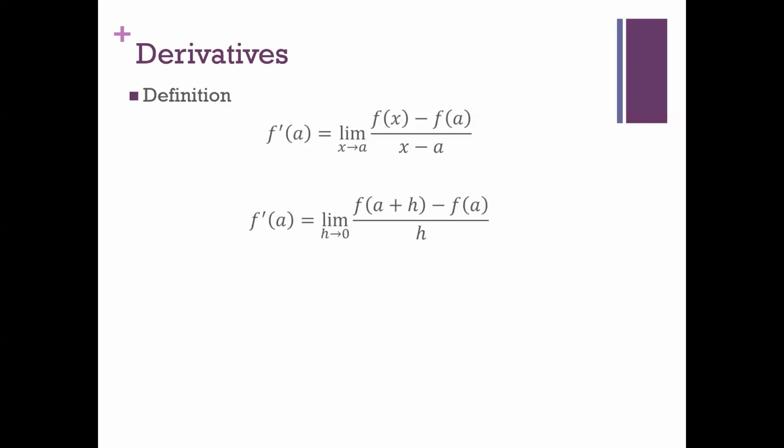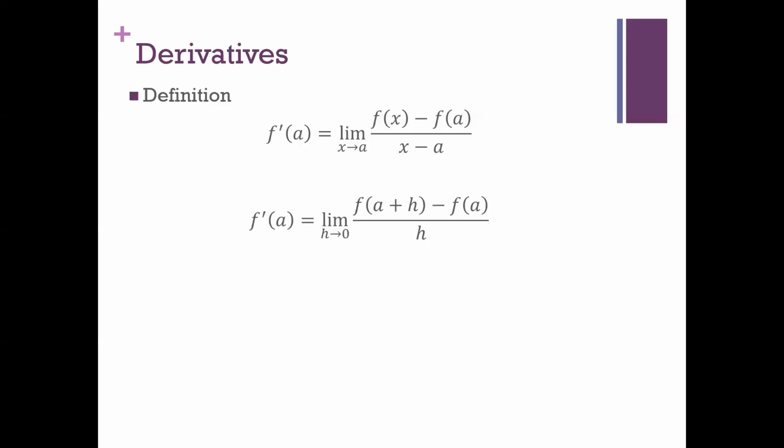This right here is essentially the same. So in my top formulation here, I have two x values. One's called a, one's called x. In this one here, I have two x values. I really care about what's happening at x equals a. h is the distance between a and some other place, because I can't just have my two points on top of each other.